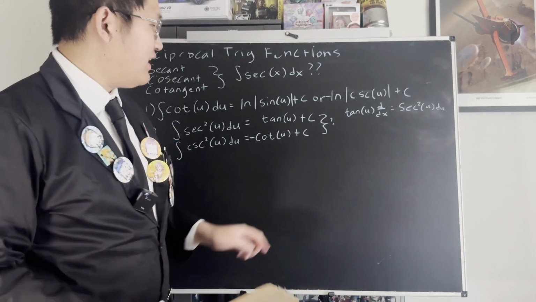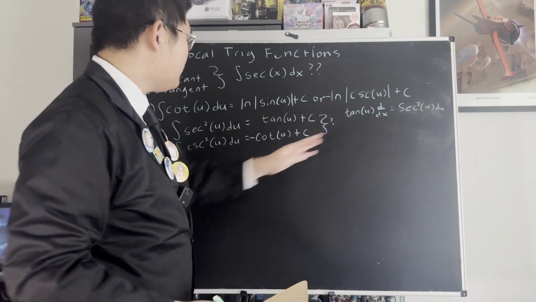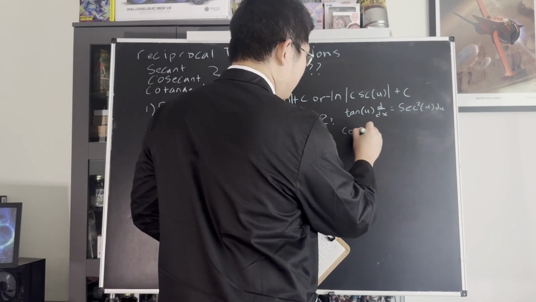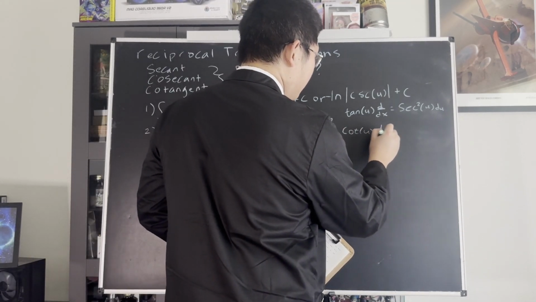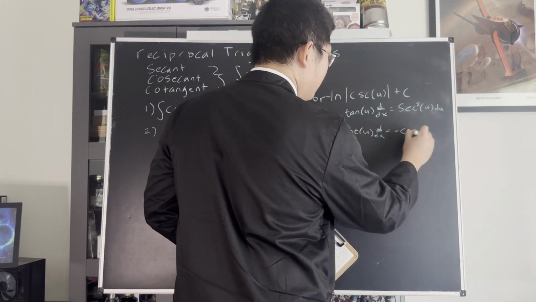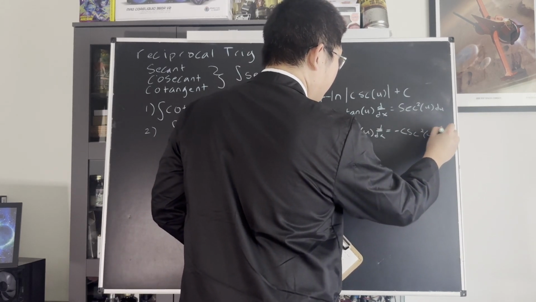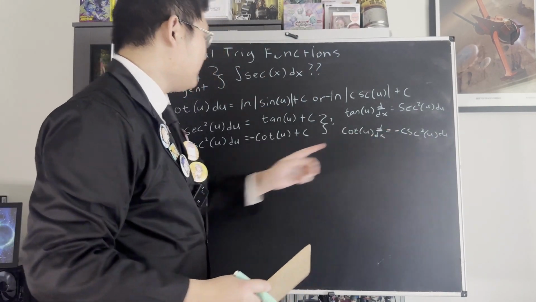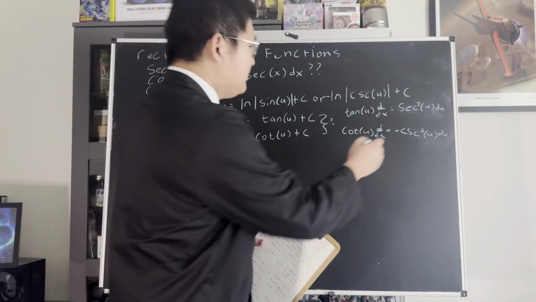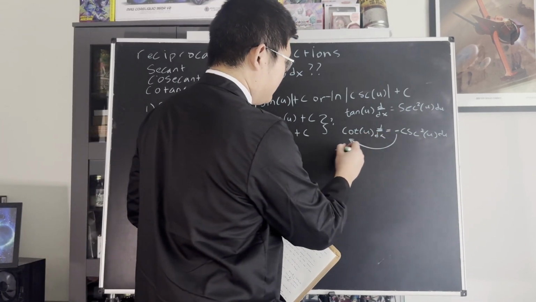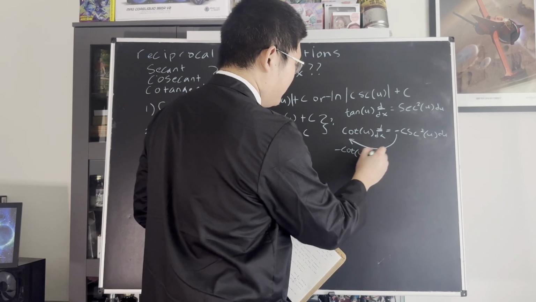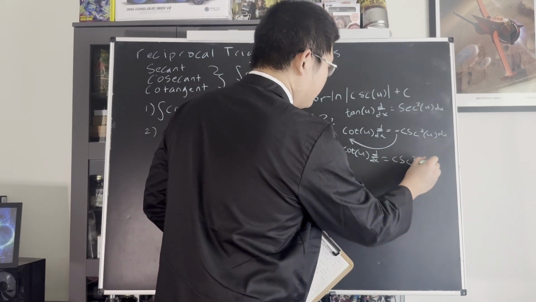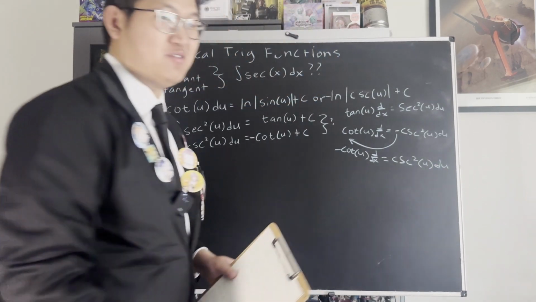Given that we can only take the derivative from tangent going into secant squared, it's quite the same with cotangent on the other side, giving us negative cosecant squared of u du. To make it match 100%, the negative sign on the cosecant, which was not on the integral, simply needs to move over to the other side as negative cotangent, and that derivative will then give us the positive cosecant, just to make sure we've matched up everything on this derivative rule.